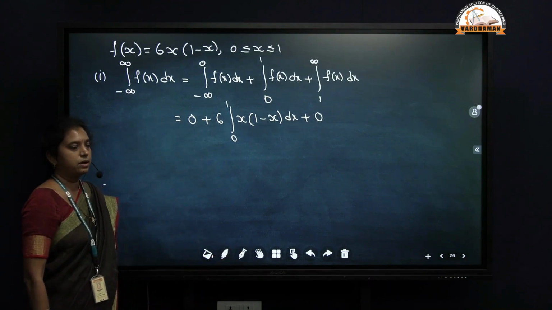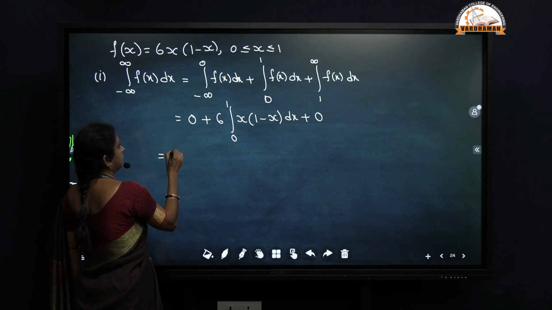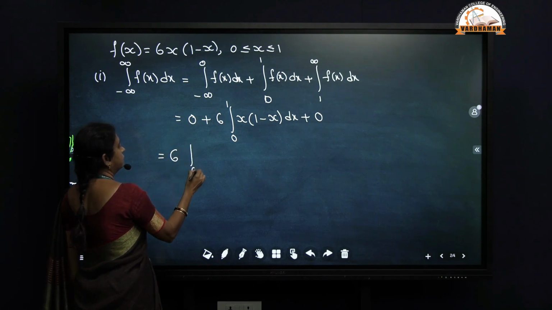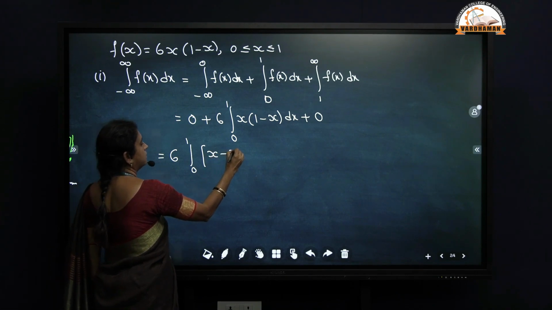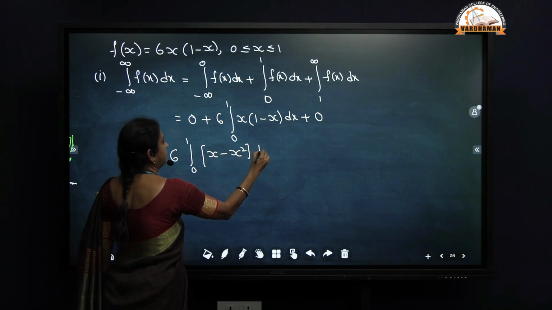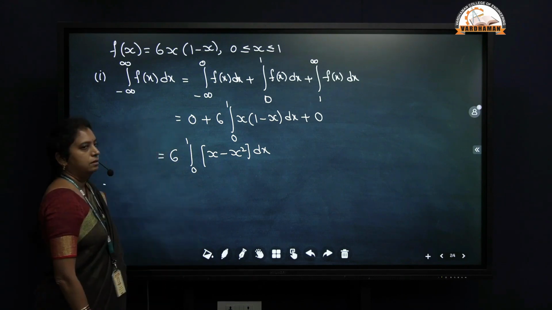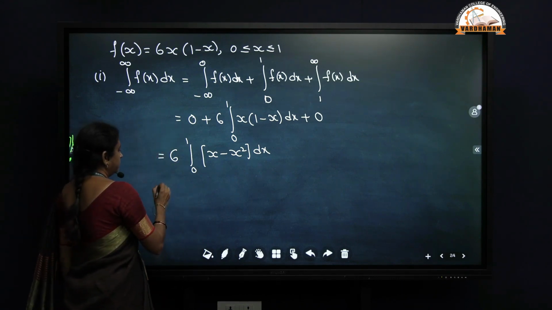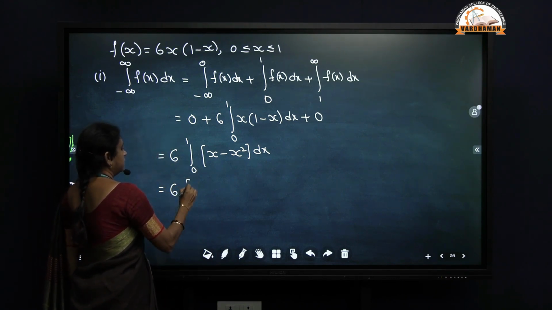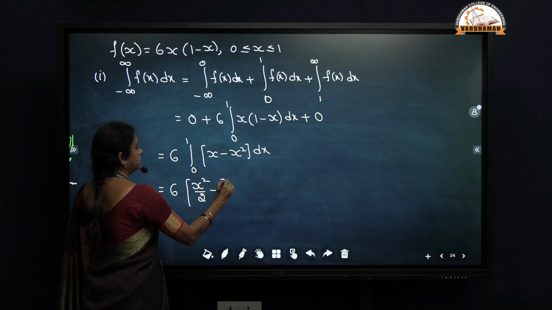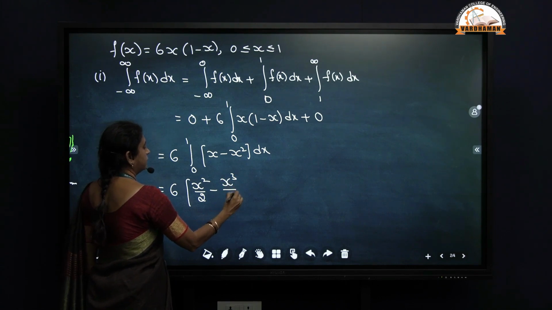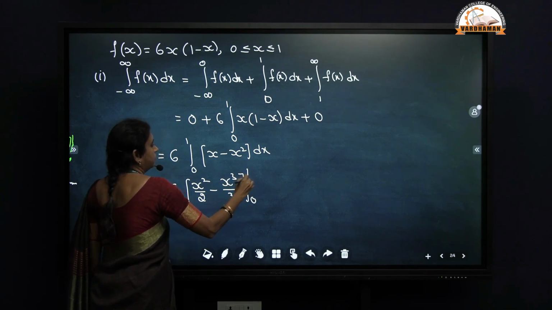Now we'll integrate this function. So this is equal to 6 times the integral from 0 to 1, I'll take this inside the brackets, of (x minus x square) dx. Now integrating, this is equal to 6 into (x square by 2 minus x cube by 3) between limits 0 and 1.